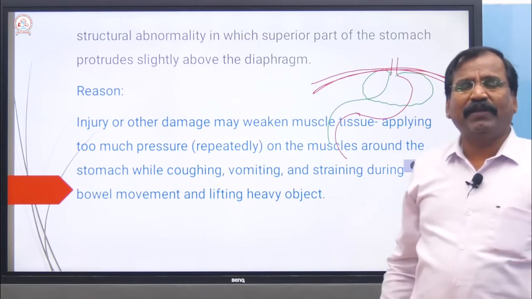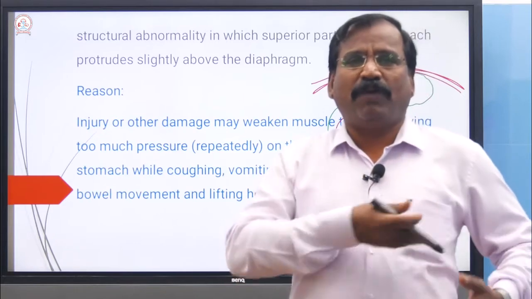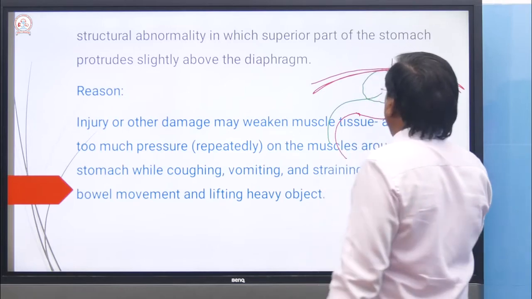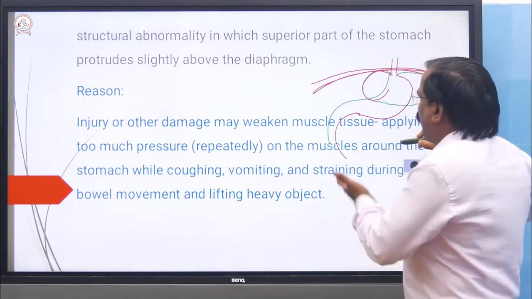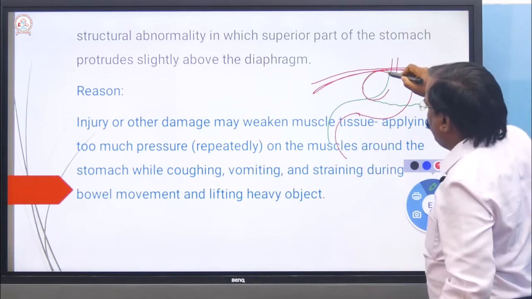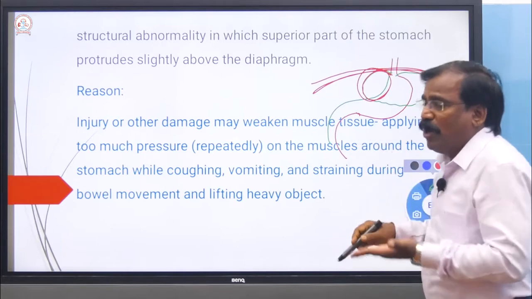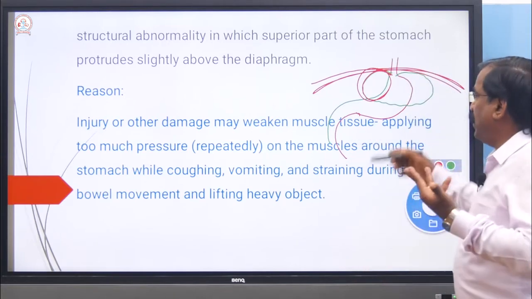The diaphragm is a membrane that separates the thoracic cavity and the abdomen. Because of the structural abnormality of the stomach, it protrudes slightly through the diaphragm, slightly above the diaphragm.